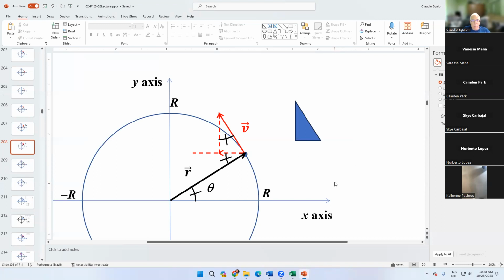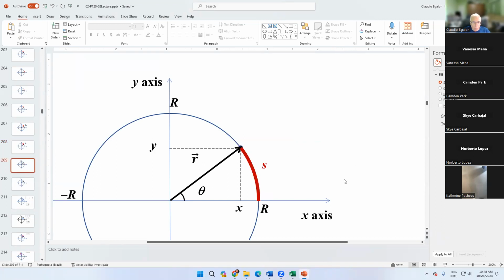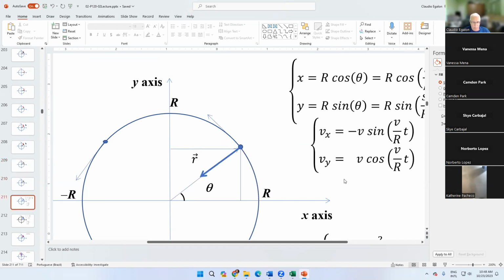And recall, that would be the direction of the acceleration vector, right? I'm not going to derive here. It's better to derive here, okay? But by the way, the x component of the acceleration is going to be something like that.